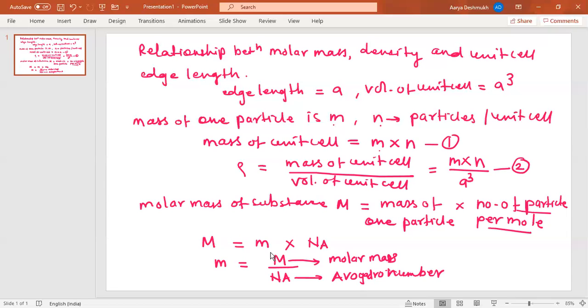Okay, so we got this equation. Number this as equation number 3. Now combine equation number 2 and 3. I'll add one more slide over here.